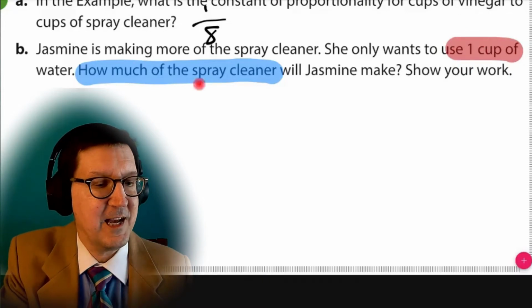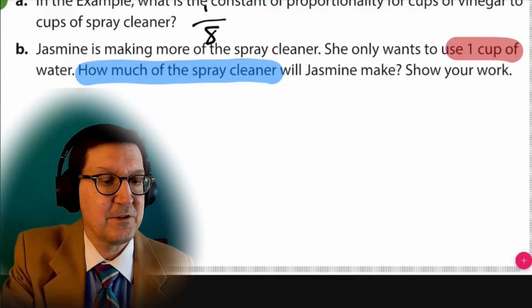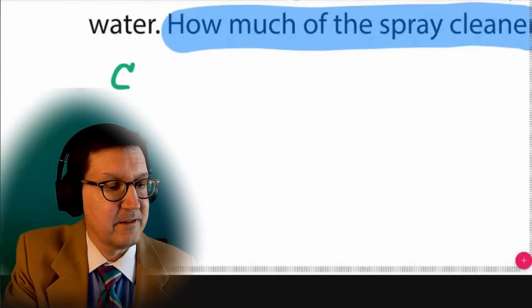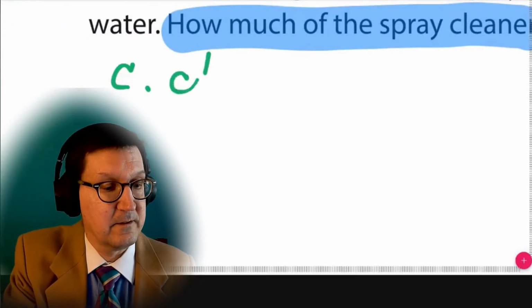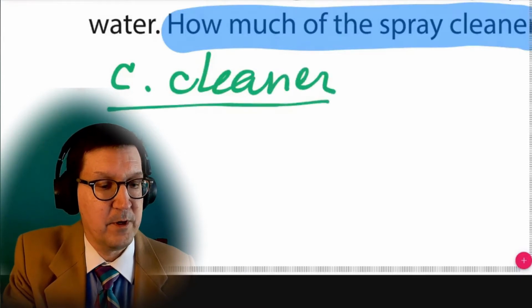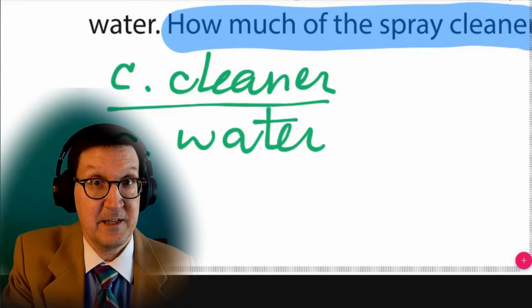So we can say how much spray cleaner per cup. Let's write that down. We need cups of cleaner per cup of water. That's how we'd set that up.